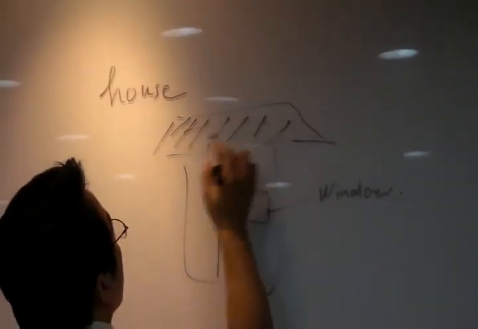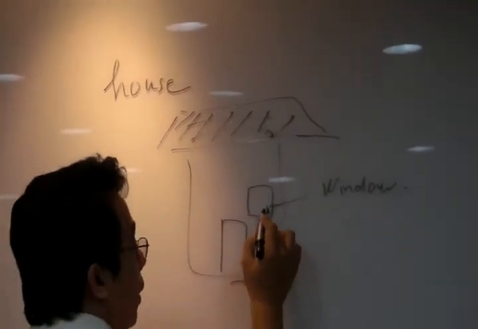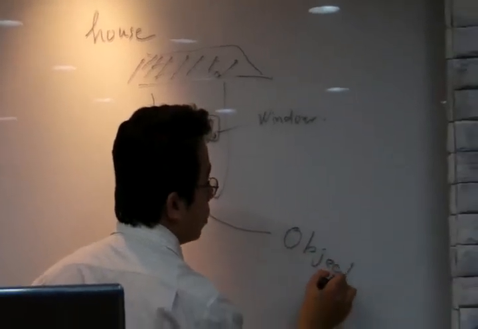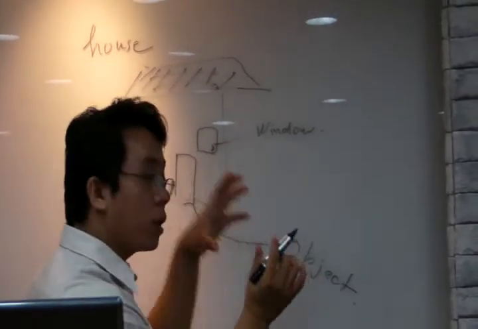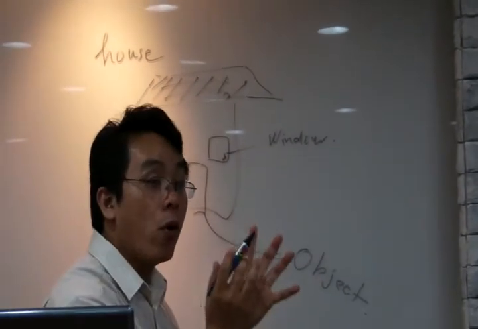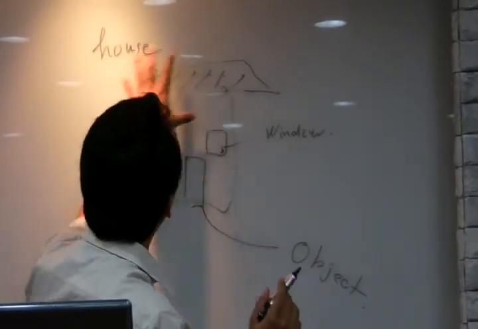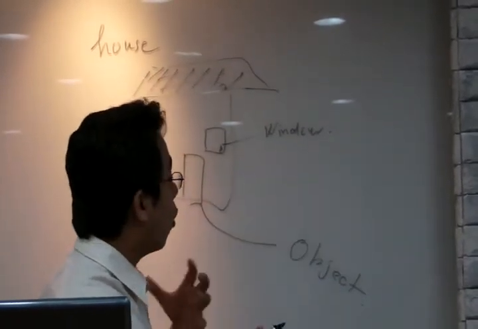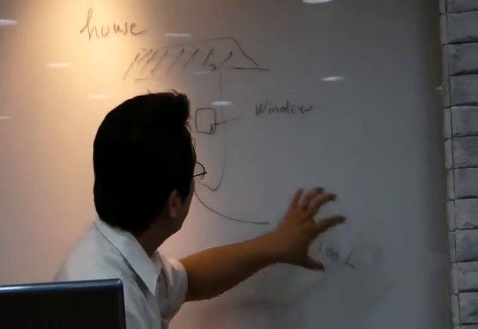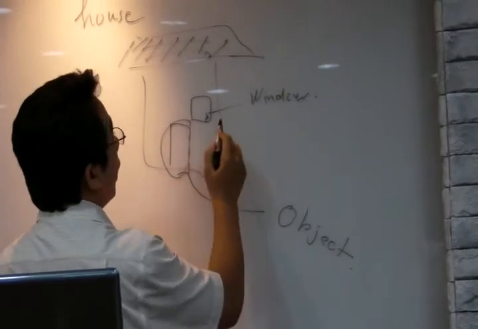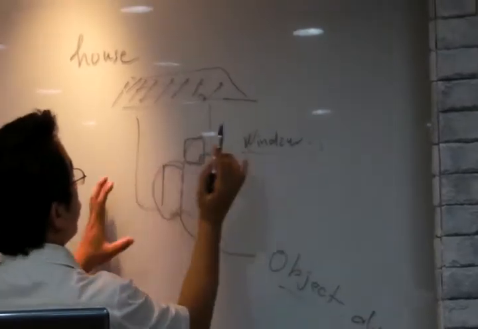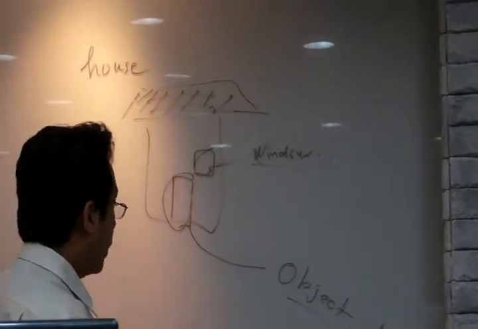For example, each element we can call an object, and we compile these objects to map the whole application. So that is the OOP concept. From my personal experience, you have to map each object first. I have to map the window first, I have to map the door first, and then I compile again, and then I map the house.